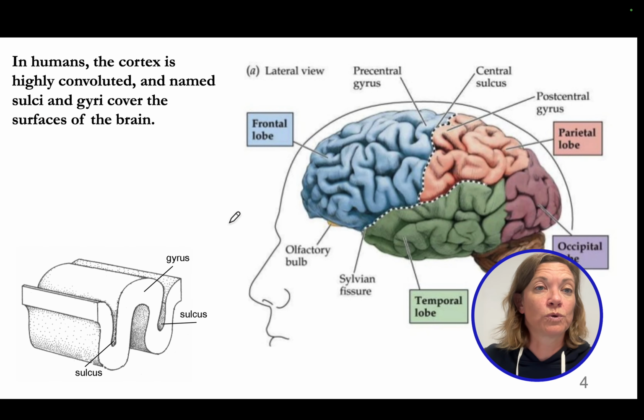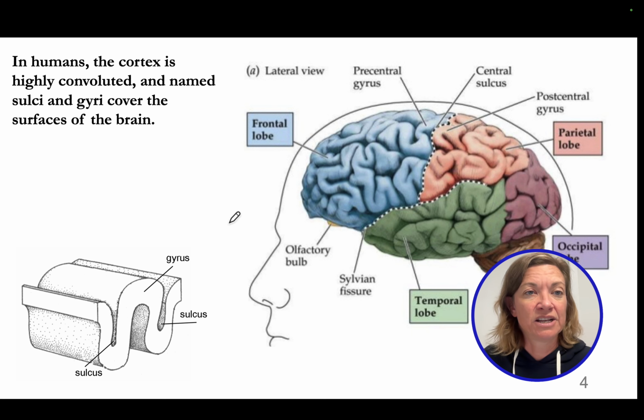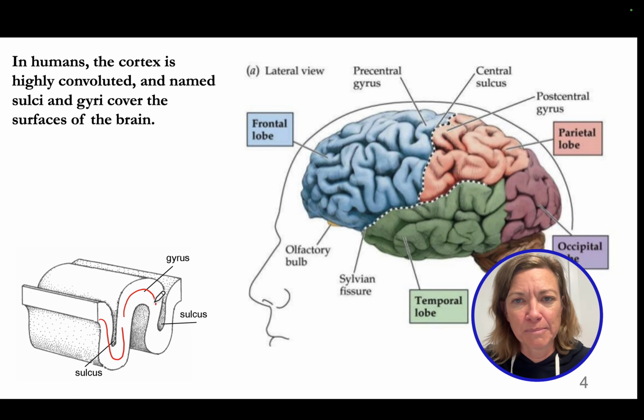Now in humans, of course, the cortex is highly convoluted, and named sulci and gyri cover the surfaces of the cerebral hemispheres. And we know that the sulcus, singular, or sulci, plural, are the little troughs or grooves, and the gyri are the little bumps or protrusions.